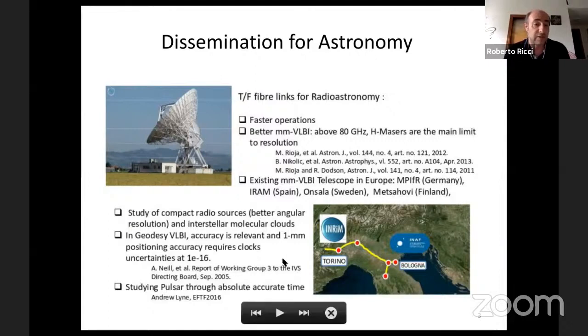Also in geodetic VLBI, accuracy at a level of 1 millimeter can be achieved with better clocks, and also the study of pulsars to absolute accurate time.